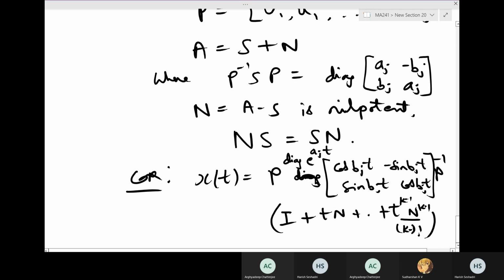So this is exactly the same form as we had for distinct complex eigenvalues, except for this crucial difference that you have this nilpotent part coming in.